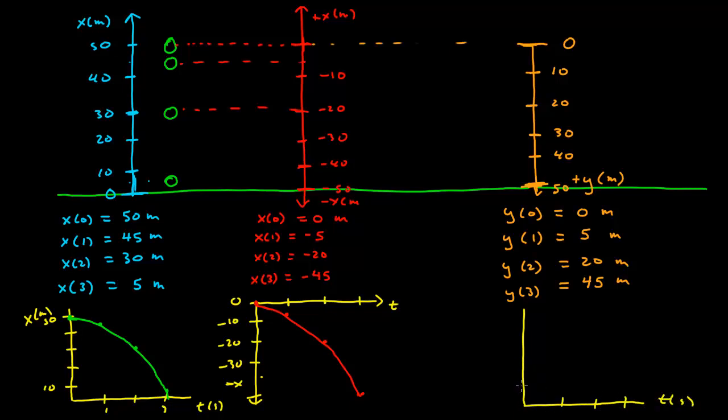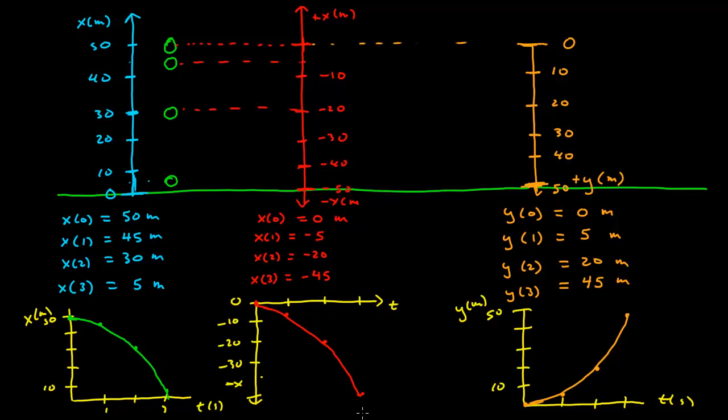And now we've got 1, 2, 3, 4, 5. This is y in meters, 10 through 50. Now at t equal to 0, y is 0. At t equal to 1, y is 5. At t equal to 2, y is 20. And at t equal to 3, y is +45. So we have kind of the shape that we had before, but flipped the other direction.